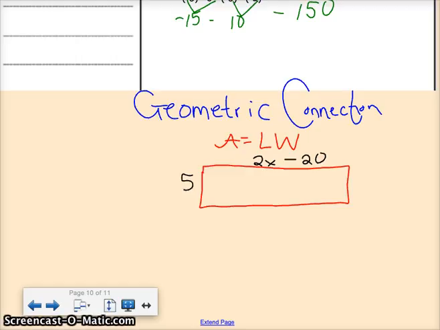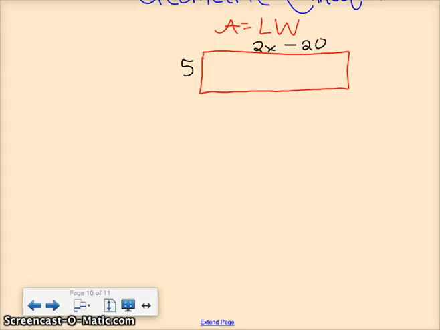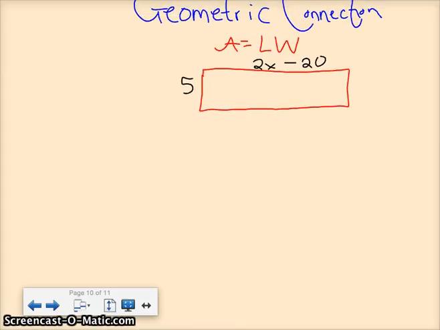And if I asked you to create an expression that models the area. Well, I know area is length times width. And I personally always get my length and width messed up. I don't know which one's which. Notice that commutative property doesn't matter. It doesn't matter which one I put first. So the area of this would equal 5 times all of that, not just the 2x.